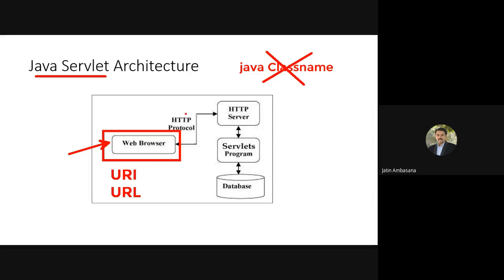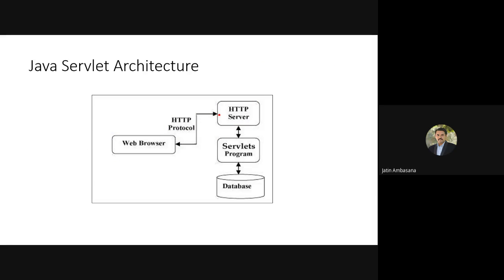This URL will generate a request using the HTTP protocol to the HTTP server. The web browser generates a request using the HTTP protocol, and then it gets a response through the HTTP server. What happens is something like this.